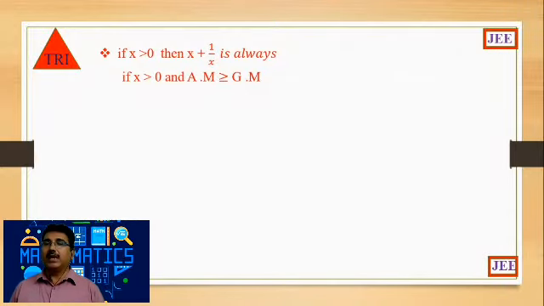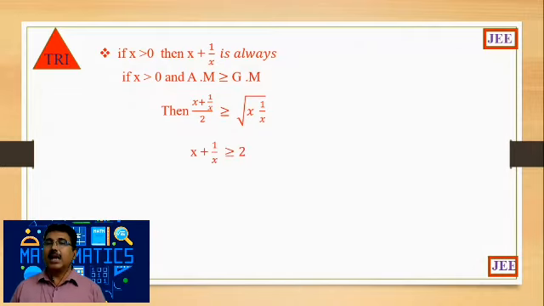Arithmetic mean of these two, whole divided by 2, is greater than or equal to geometric mean of x and 1 by x, which is square root of x into 1 by x. That implies x plus 1 by x is greater than or equal to 2, right? If x is a positive real number, then x plus 1 by x is always greater than or equal to 2.